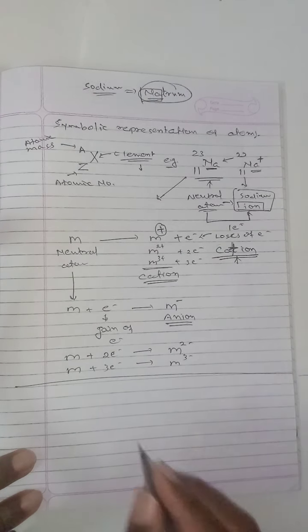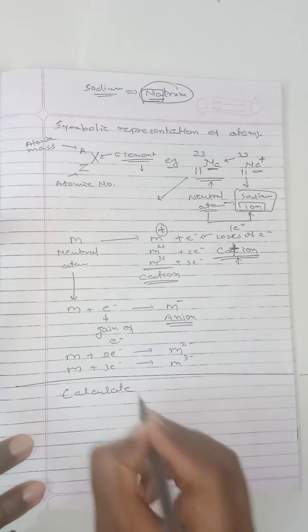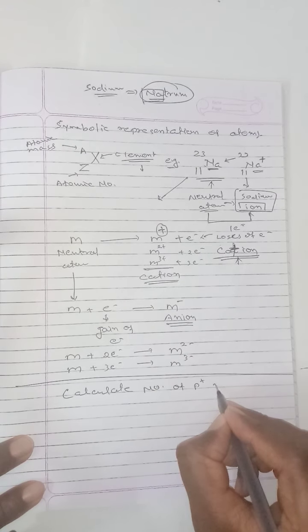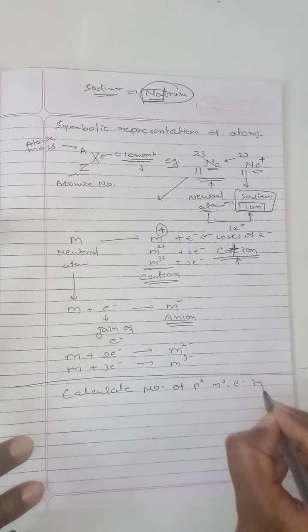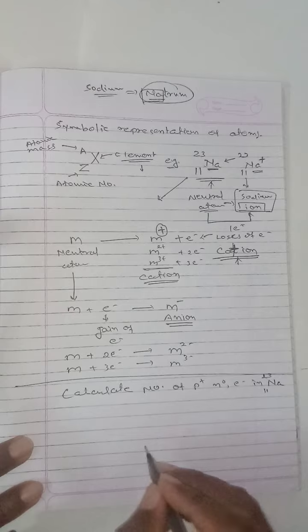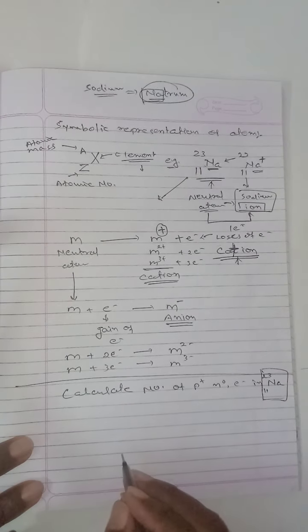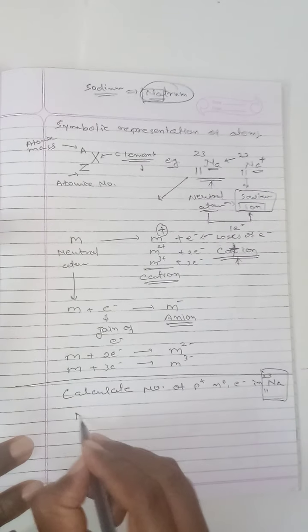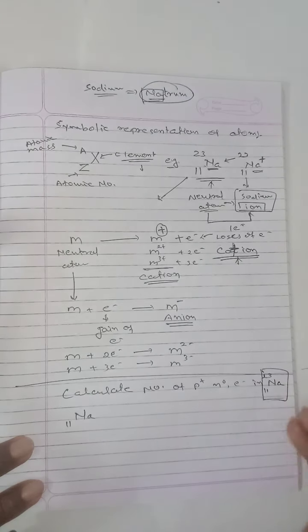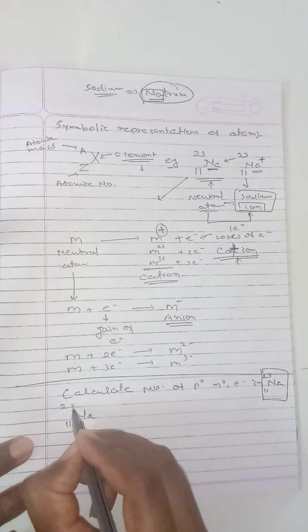Now calculate the number of protons, neutrons and electrons in sodium 11, 23. Let's say sodium is a neutral atom, having no charge, either positive or negative, so it is said to be a neutral atom.